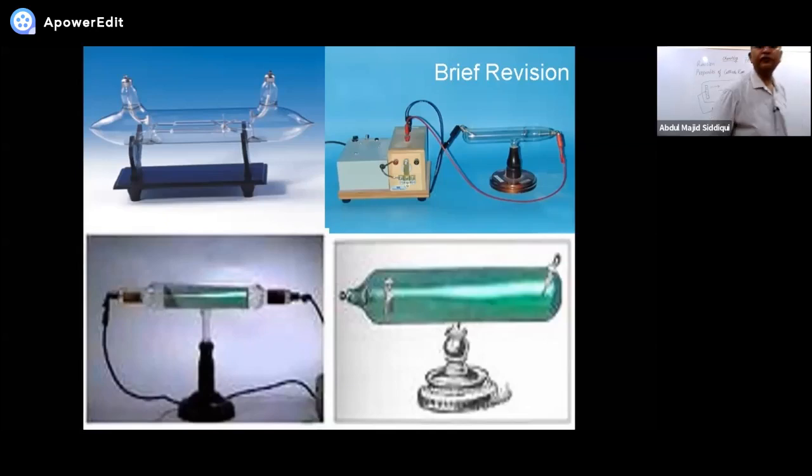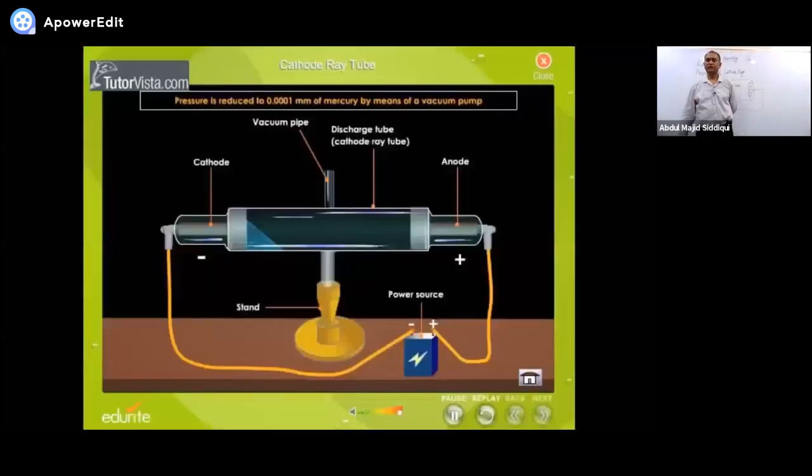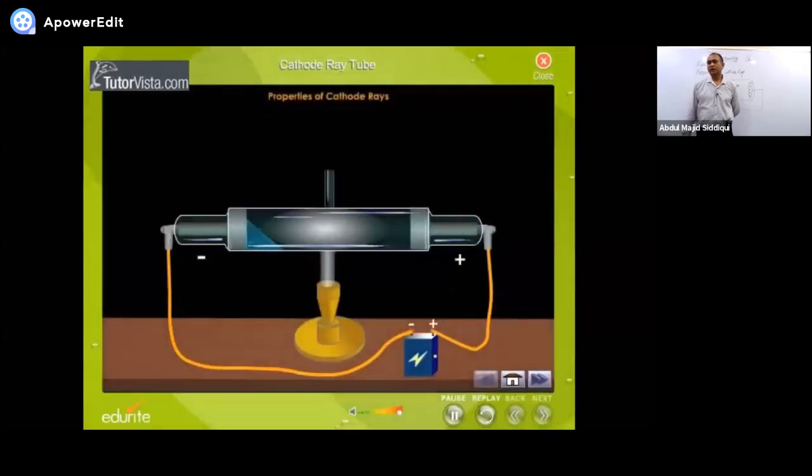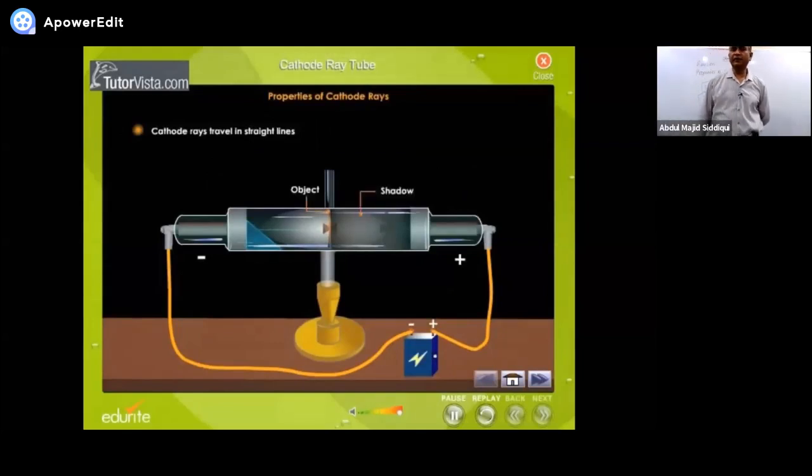Okay? Now let's see a few videos. Here you can see cathode rays are produced; the same arrangement is here. It's just an animation. Alright? These are the cathode rays, a tube in which you can see two electrodes. Now, if we apply a magnetic field or an electric field, what will happen?